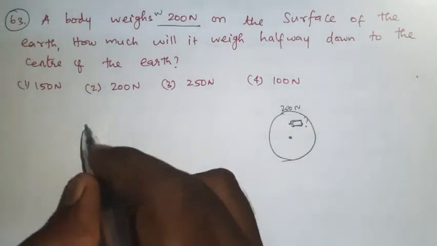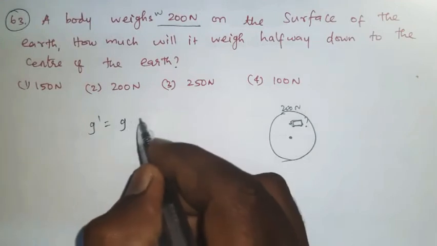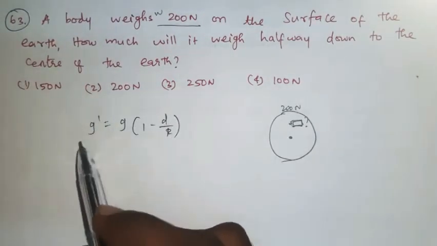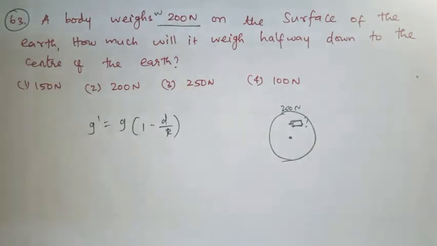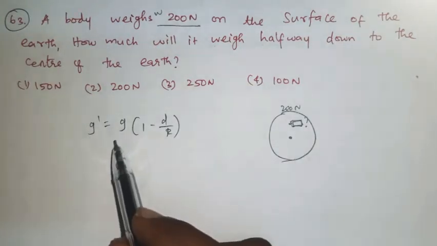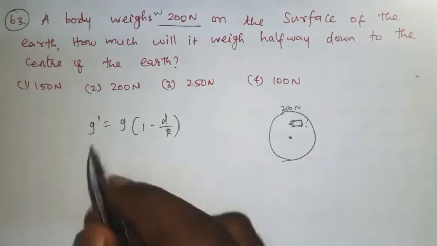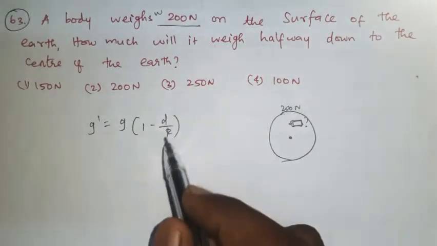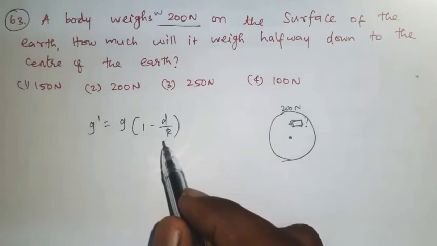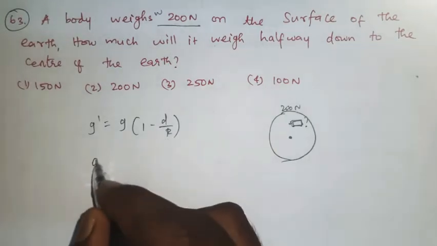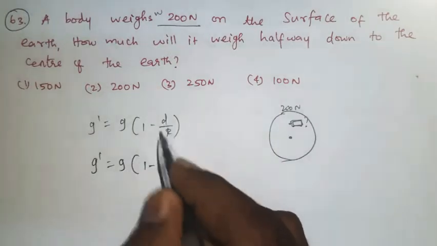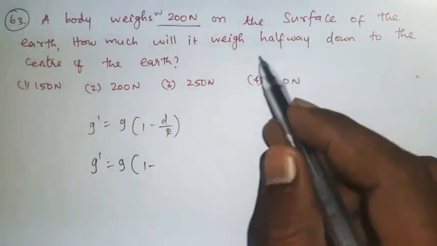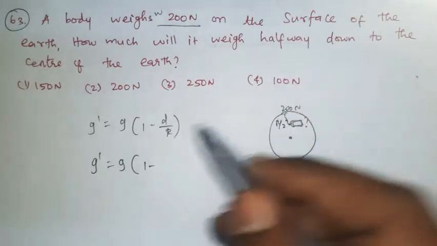The relation is g dash is equal to g into 1 minus d by r. So g dash is acceleration due to gravity at depth. g is nothing but acceleration due to gravity on the earth's surface. d is the depth. r is nothing but the radius of the earth. g dash is equal to g into 1 minus, here depth is r by 2, because halfway down means half of the radius.